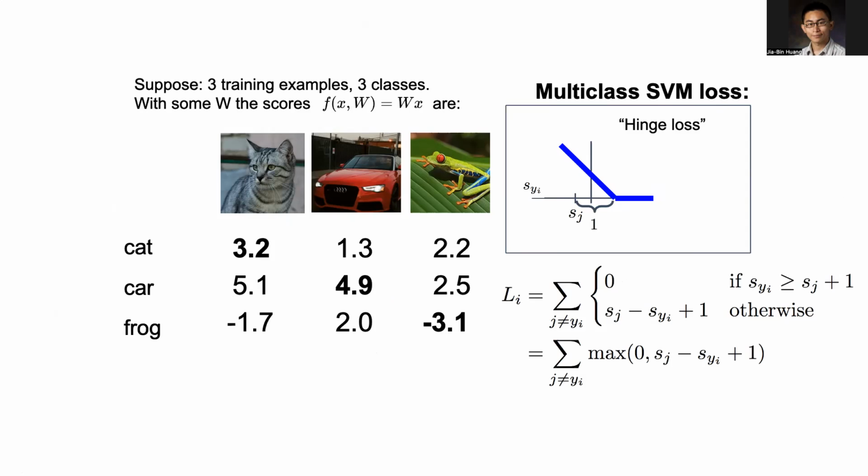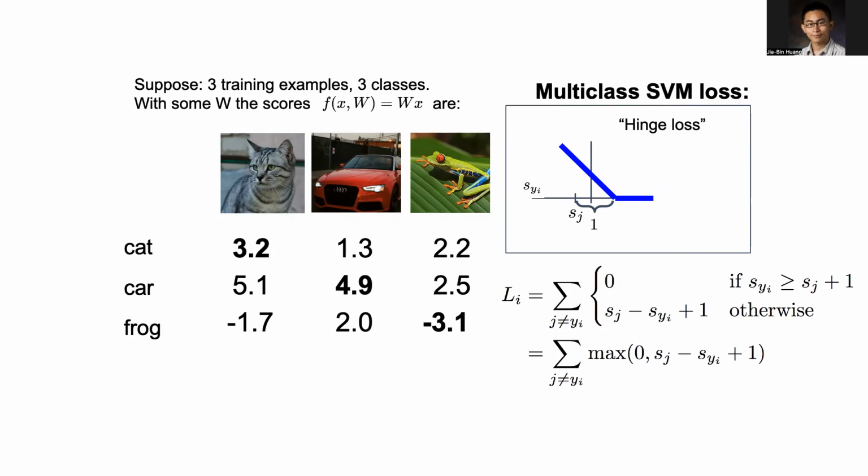So you don't need to do much about that class. In this case, 4.9 is already larger than 1.3 and 2.0 by a large margin. Then you pay a cost of 0. Basically, the loss function is very happy that your classifier is doing a good job for this example. Okay? But how do you quantify the unhappiness for the incorrect predictions?